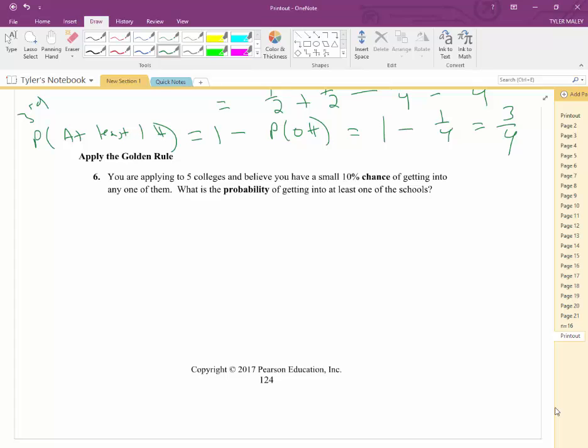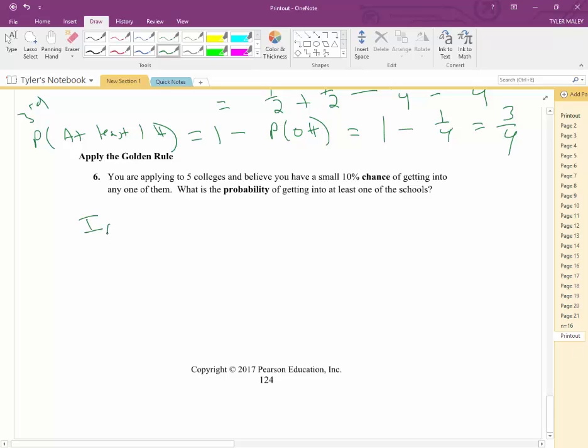So now we want to look at applying the golden rule. It says you are applying to 5 colleges and believe you have a small 10% chance of getting into any one of them. What is the probability of getting into at least one of the schools? One thing that we have to note is that my decisions are going to be independent.